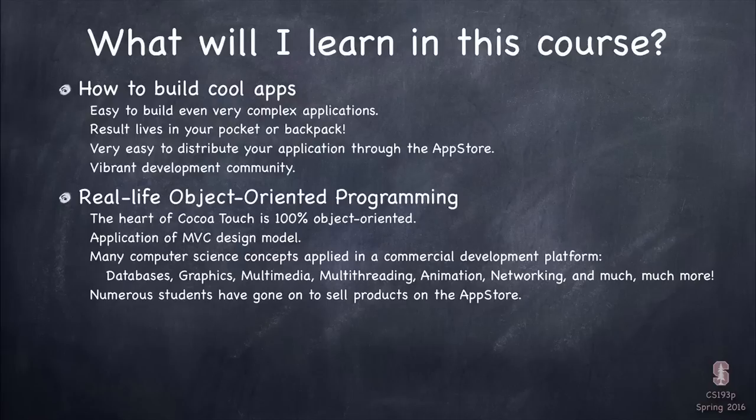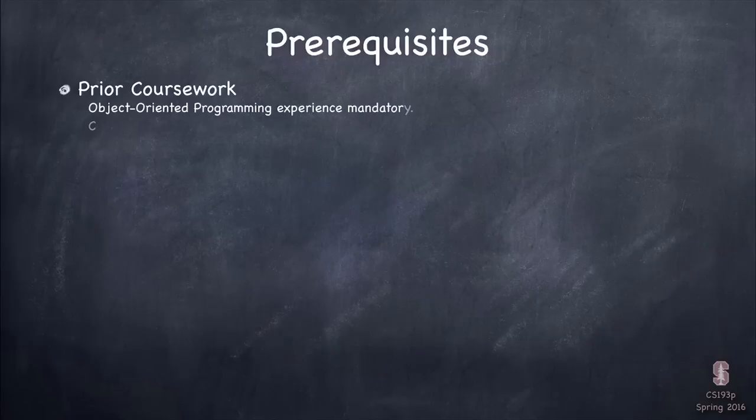And some of the things you're going to learn, for example, using object-oriented programming, object-oriented databases. We're going to do graphics with object-oriented programming. Obviously, going to be some multimedia stuff, multi-threading, animation, networking, all kinds of stuff that you're learning in your other computer science classes. You're going to do for real life here in this class. So that's kind of a good synthesis class, a practical synthesis class for all that stuff.